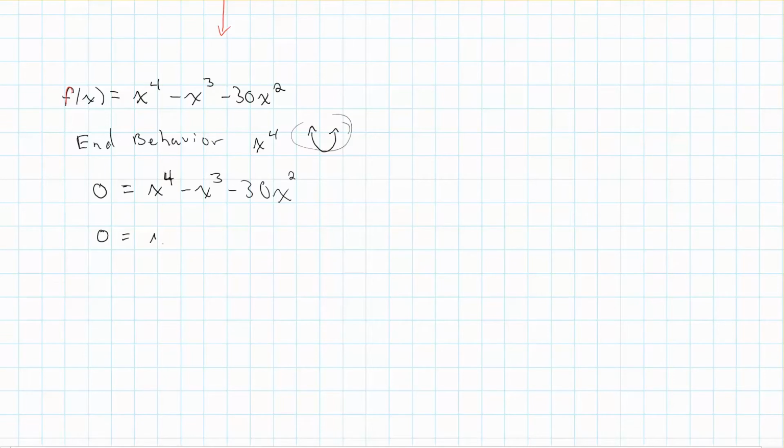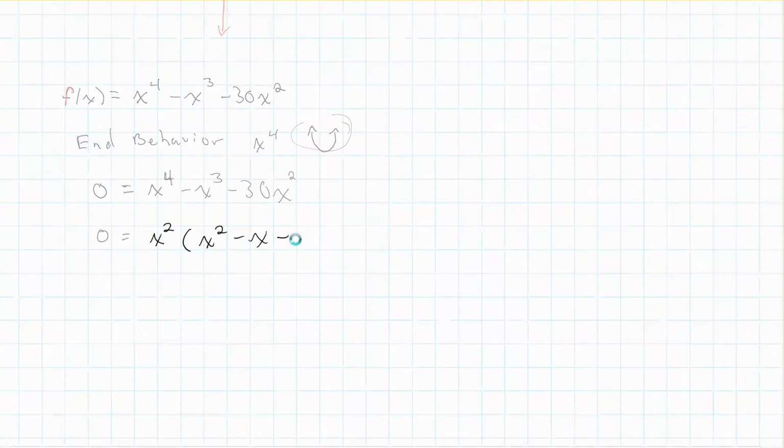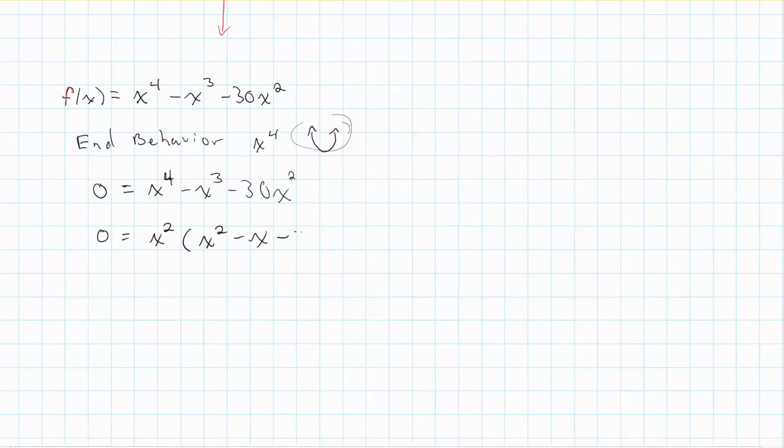We'd factor out an x squared from everything, and I'd be left with x squared minus x minus 30. So this is x squared times x minus 6 times x plus 5.